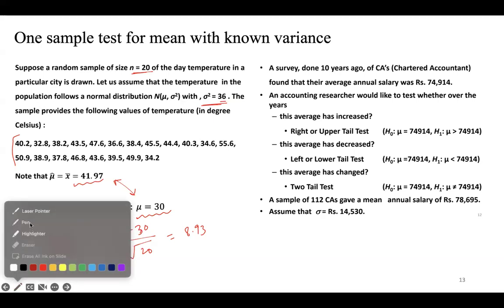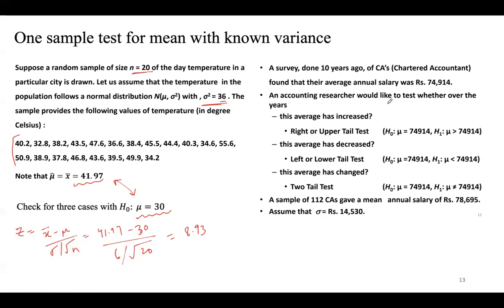Likewise, we have another example here. Here also a survey was done and they found that the average annual salary was this, 10 years ago. So this is sort of your population mean, or mu, here.